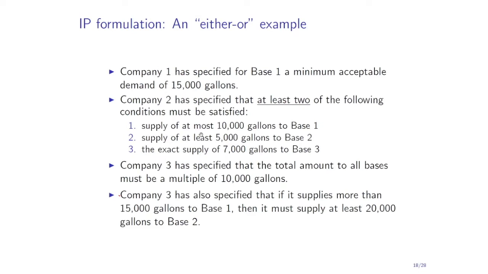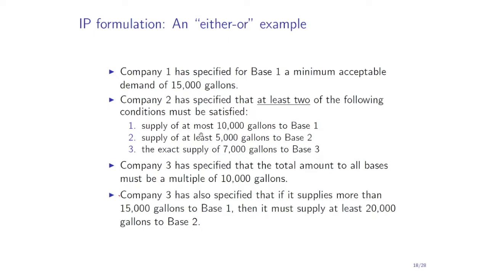One, company 1 has specified that for base 1 a minimum acceptable demand of 15,000 gallons, which means that, okay, we will discuss its meaning later. Let me read them all. Company 2 has specified that at least 2 of the following conditions must be satisfied: supply of at most 10,000 gallons to base 1, or at least 5,000 gallons to base 2, or exactly 7,000 gallons to base 3.